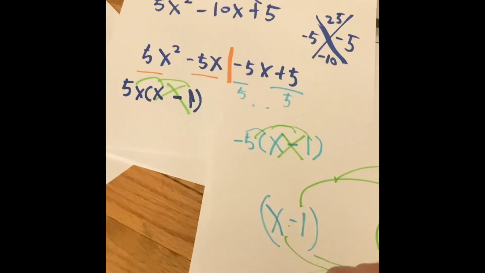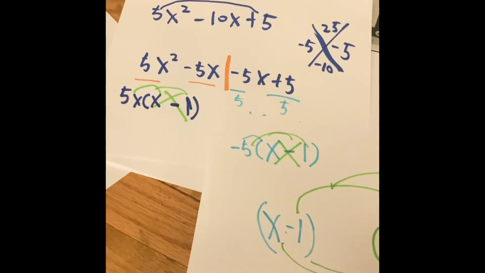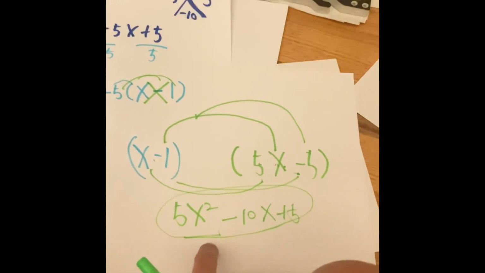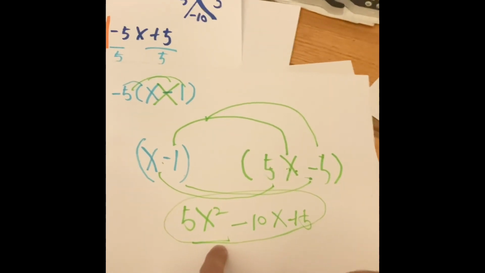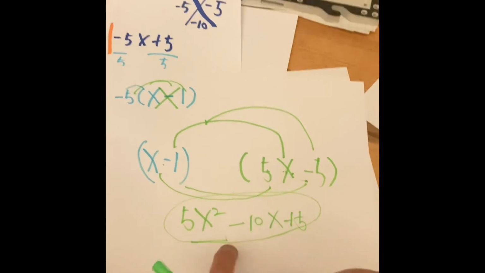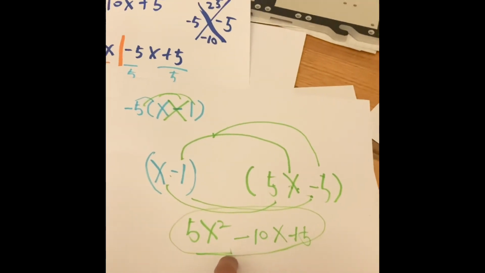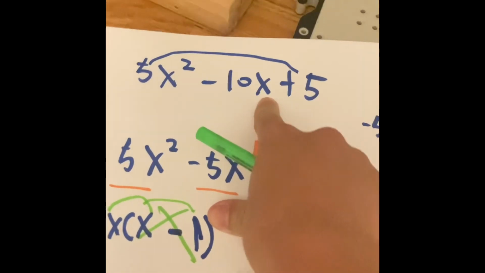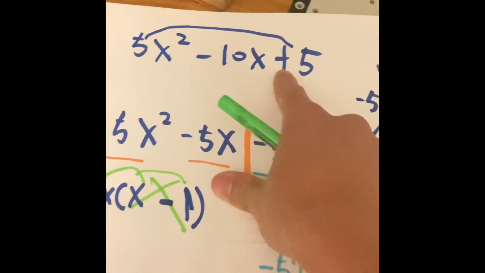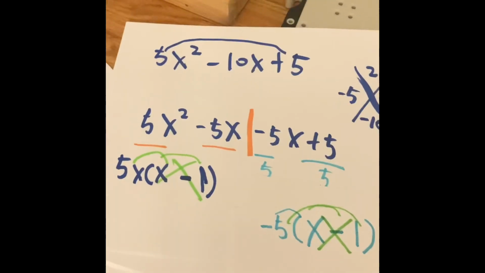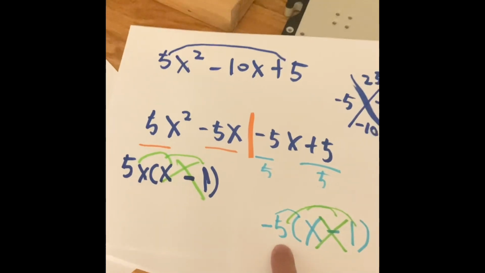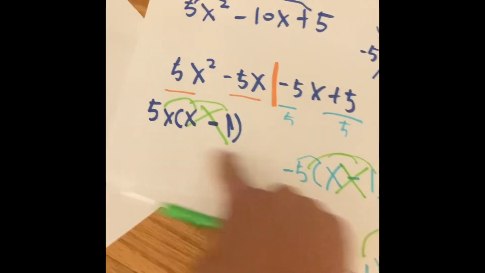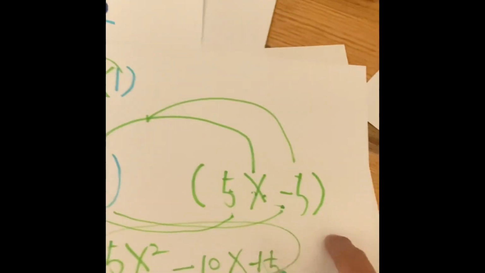So no matter what order you multiply them, you will always get back to the same exact quadratic trinomial expression as your original question. And that is why you use the extra numbers when you cancel out to find the first factor, and you have to use them to find the second one.